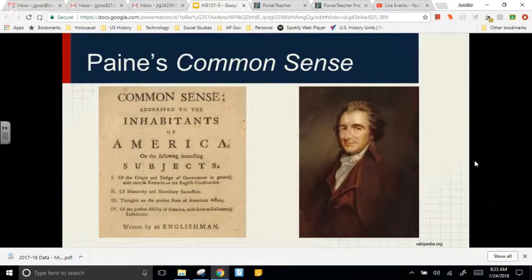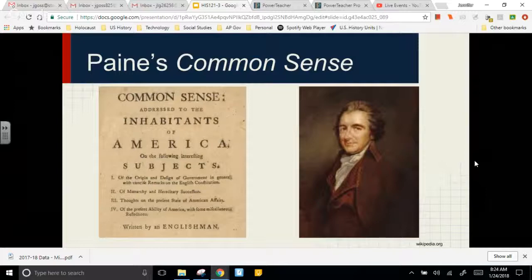Following January, a pivotal document is published that will inspire the colonists to continue their fight despite their failures in Canada, and that is the publication of a pamphlet known as Common Sense. It was written by Thomas Paine, who was actually born in England and emigrated to America. And it essentially said that it was common sense for the colonists to separate, to become independent from the British.